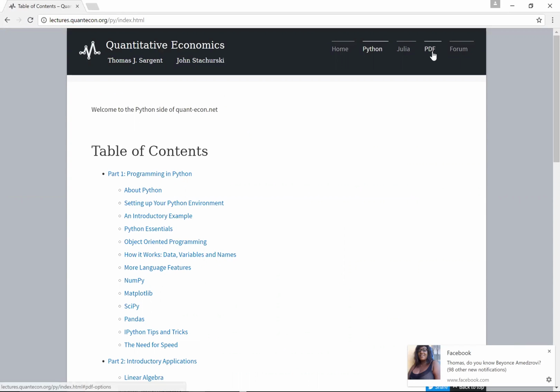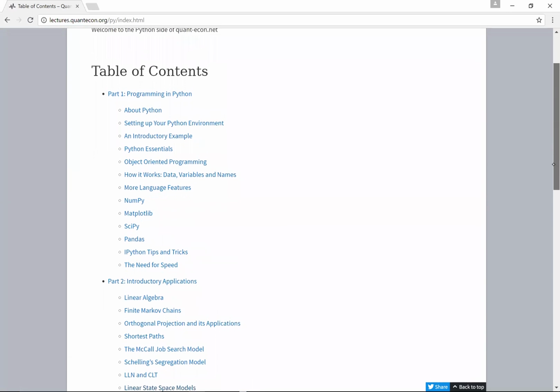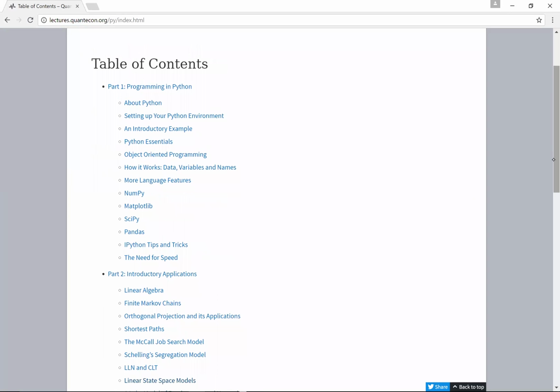You'll notice up on top, we can actually print out the lectures. I'm going to these lectures in Python, which is a language. There I am in the Python lectures. This website, I'm involved. Several of us are involved in creating this.